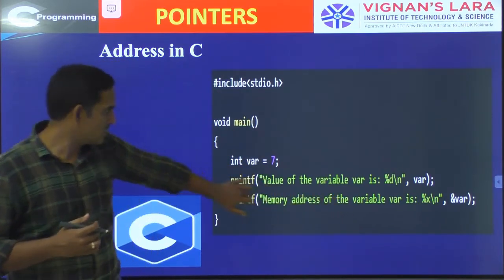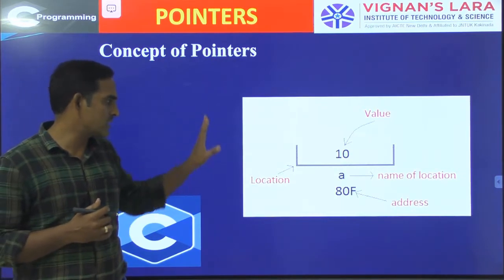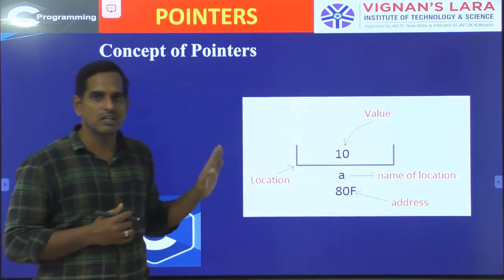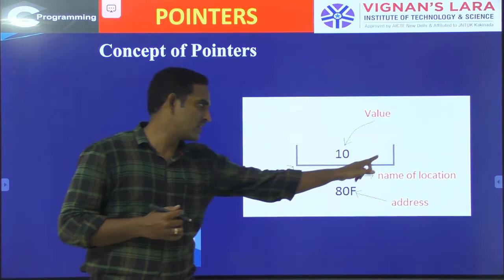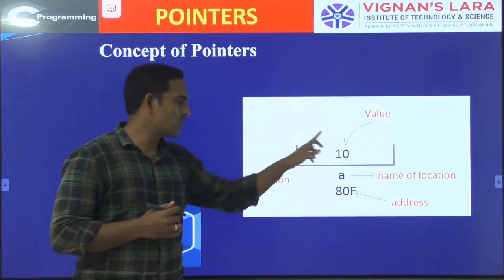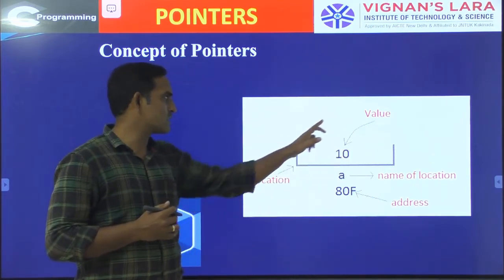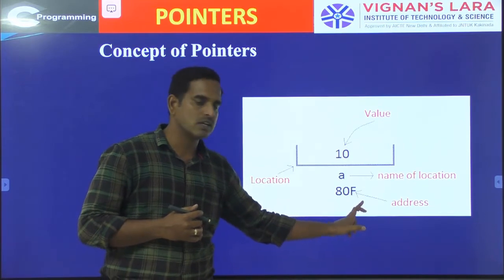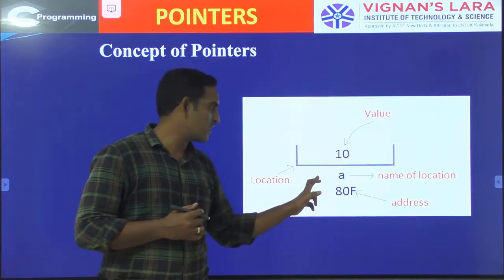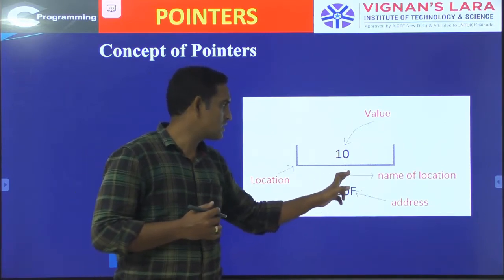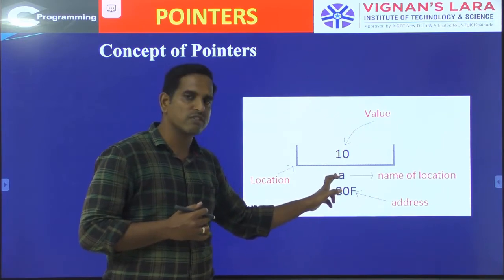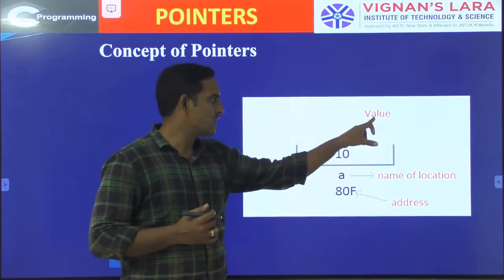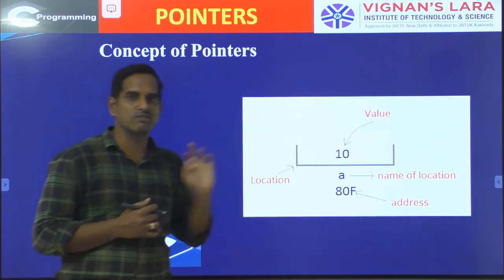Then we have seen that general memory is laid out in this manner. If you declare a variable, a variable location will be there, and that location will have a memory address. Each and every memory location has a unique address, and A, the name of your variable, is the name of your location, and the contents of your location are the value.